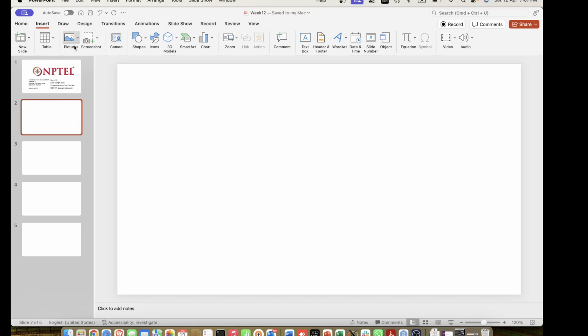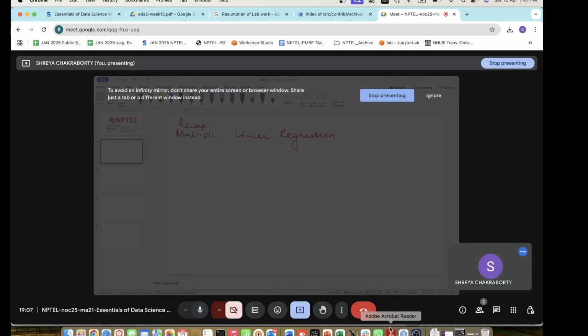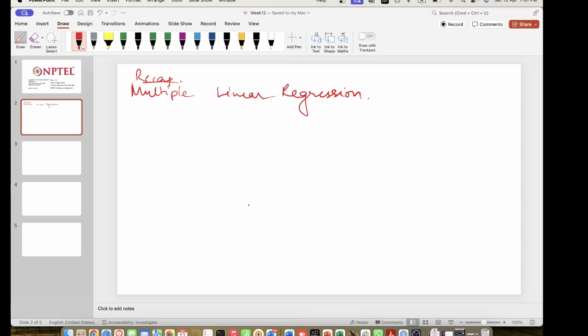In the previous classes we learnt about multiple linear regression, and we also learned how to get the estimates of the regression coefficients.